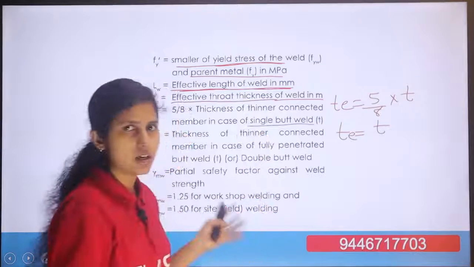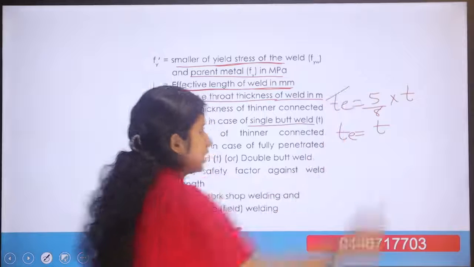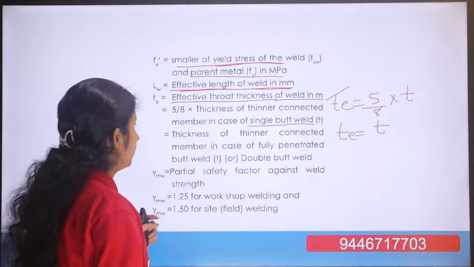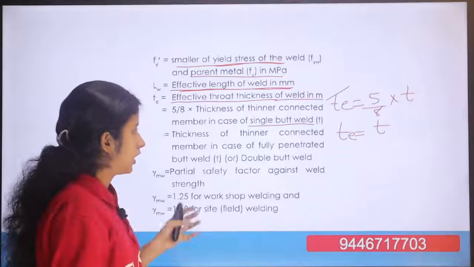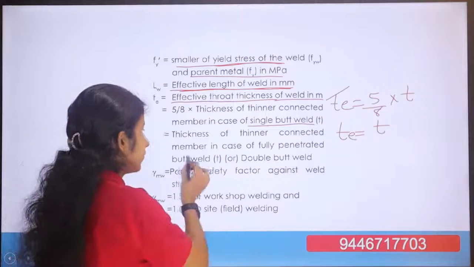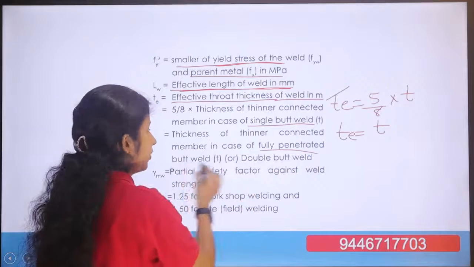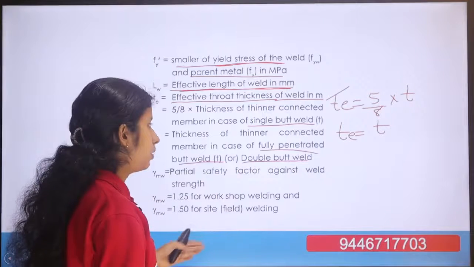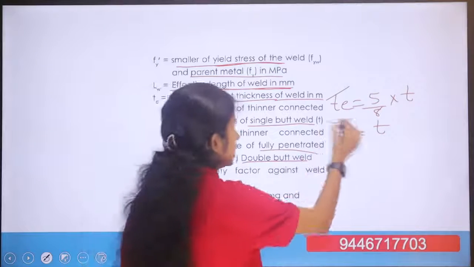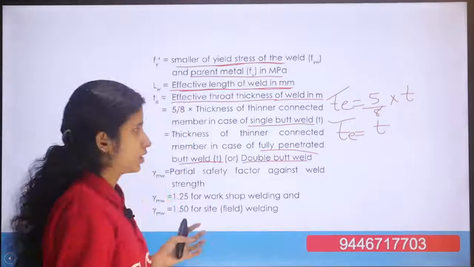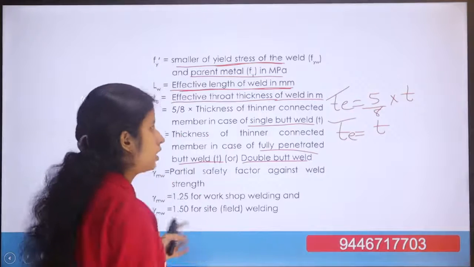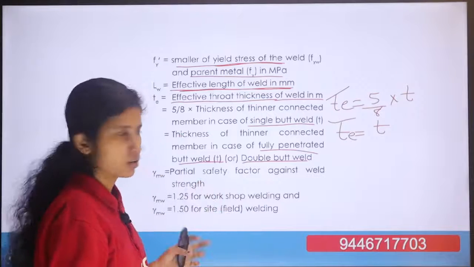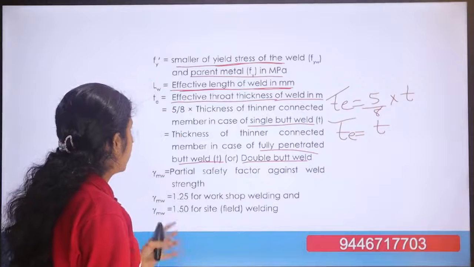Then TE is equal to T in the case of a fully penetrated butt weld or a double butt weld, that is the effective throat thickness is the thickness of the thinner member.